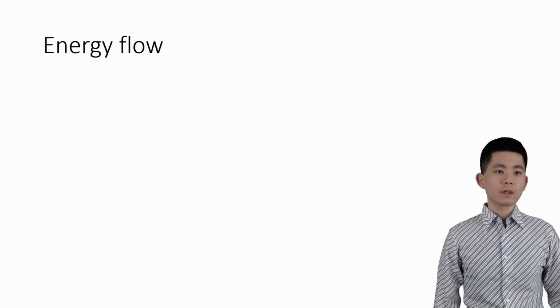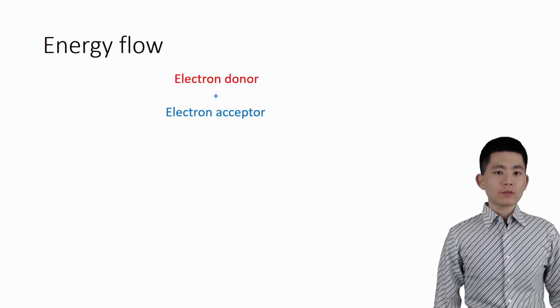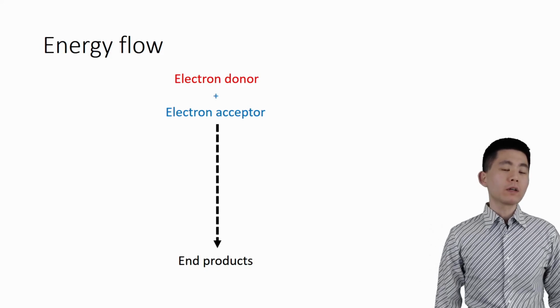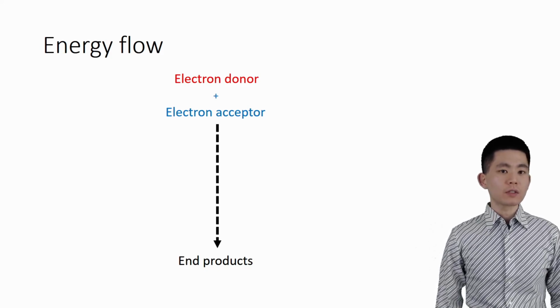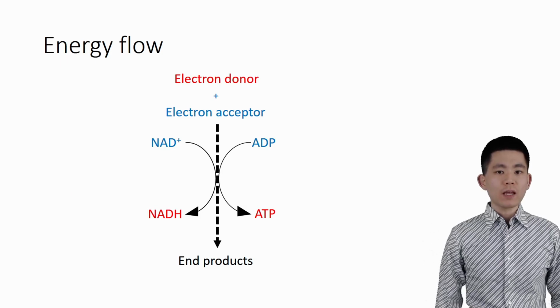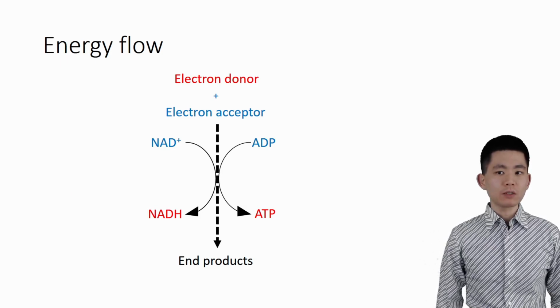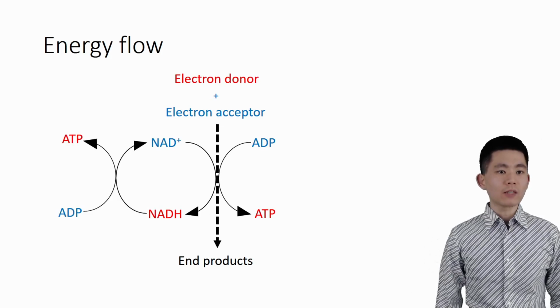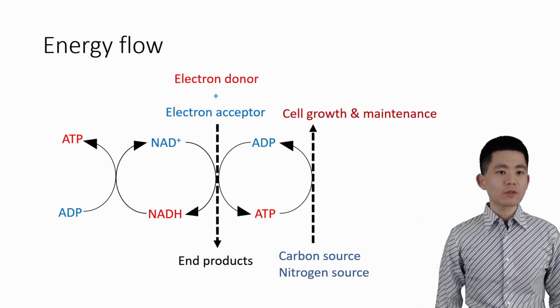To summarize, in catabolism, the electron donor reacts with the electron acceptor to generate end products. Its reducing power reduces NAD+ to NADH, and its energy drives the conversion of ADP to ATP. NADH can also drive the ATP production. ATP then can provide energy to anabolic reactions that convert the carbon sources and nitrogen sources to cell biomass.